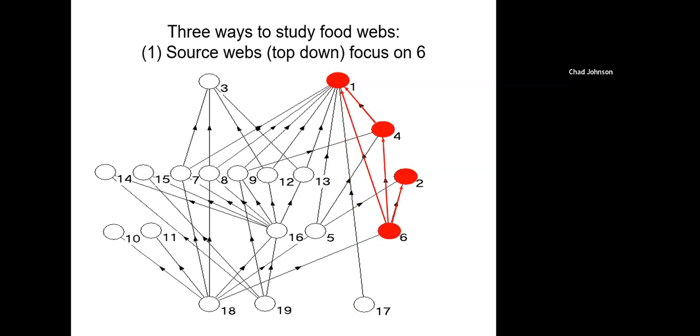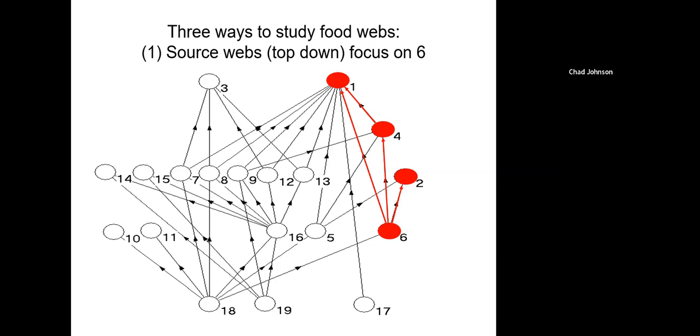We could do a top-down web on 6. 6 is a resource. Who consumes it? And the answer is only 1, 4, and 2. In that respect, could we compare the top-down web of 6 and 16, we would find that many more species are affected by 16 from the top down than are affected by 6 as a resource.